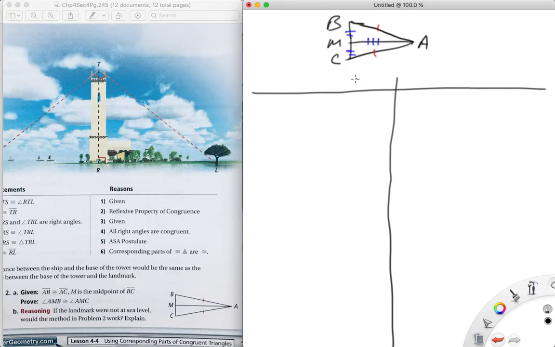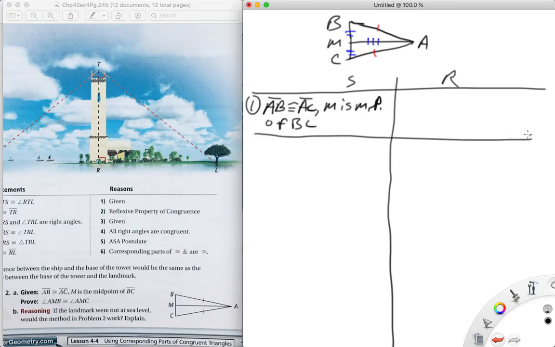So, given: AB is congruent to AC, and M is the midpoint of BC.